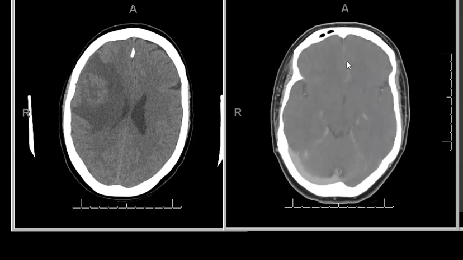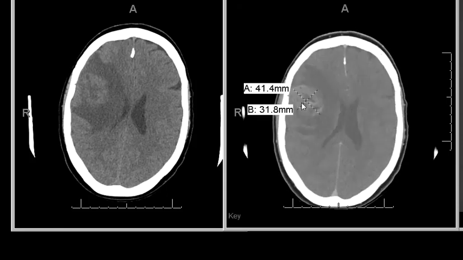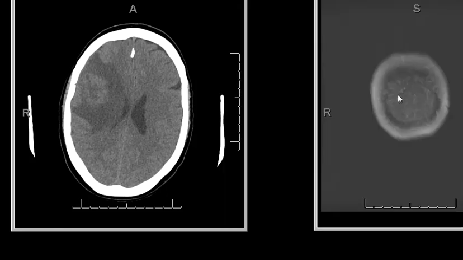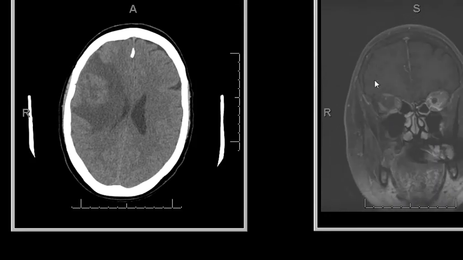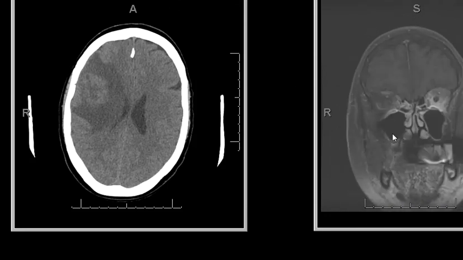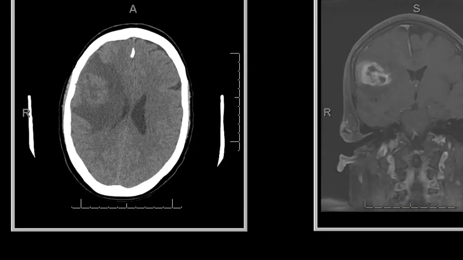CTA again showed no filling defect in the large vessels, with some enhancement of the tumor. MRI showed the tumor. So this is a case of a stroke mimic from a tumor. This is probably a GBM, high-grade glioma, from frozen section resection.